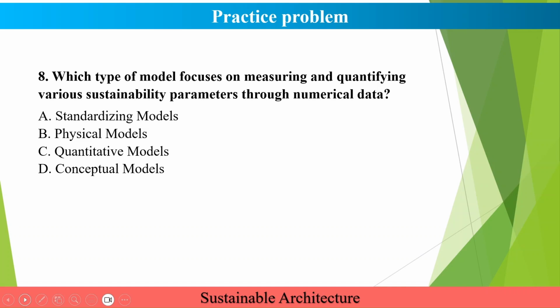Which type of model focuses on measuring and quantifying various sustainability parameters through numerical data? C. Does anyone want to give another answer, or is everyone agreeing with the answer of Sarad and Ria?